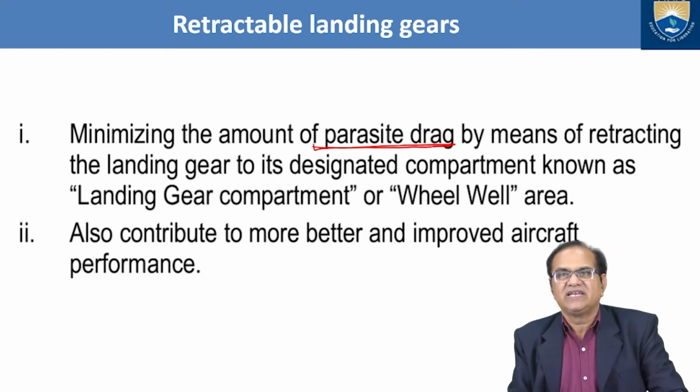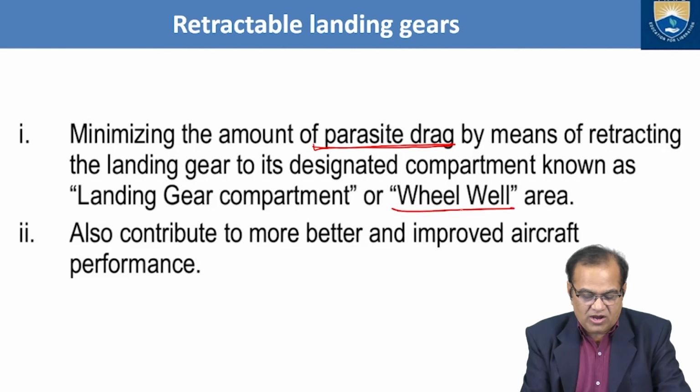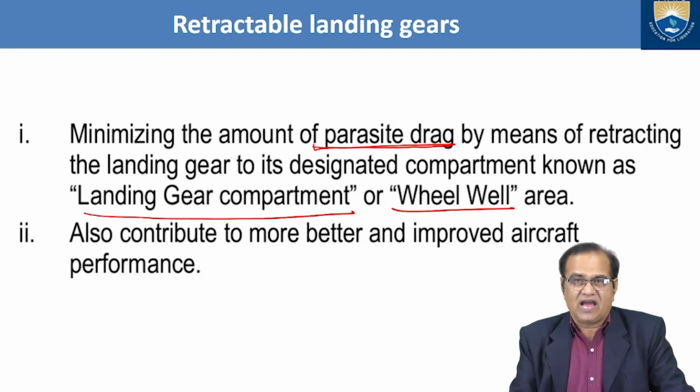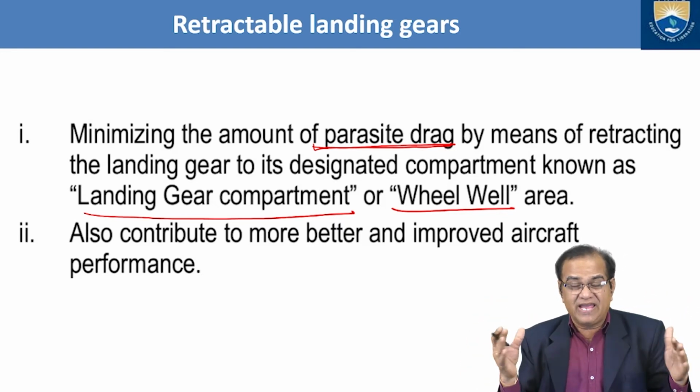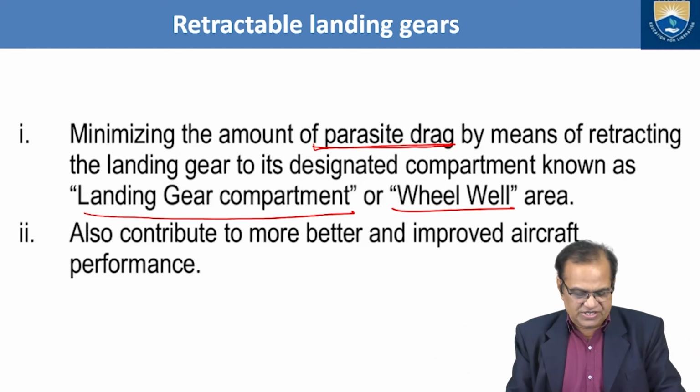Like this, they are stored in either the wheel well or the landing gear compartment. They are stored there, and as and when required to land, they will come out again, and the aircraft will have the same outside configuration.